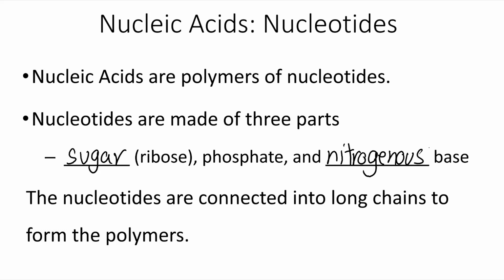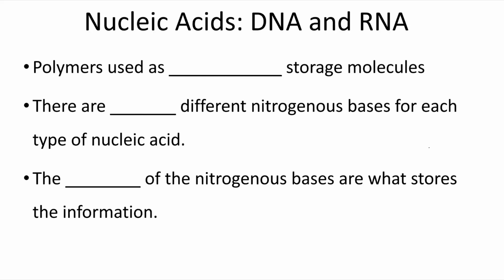The nucleotides are connected into long chains to form polymers. Now, the polymers of these nucleic acids are known as DNA and RNA, and the polymers are used as information storage molecules.